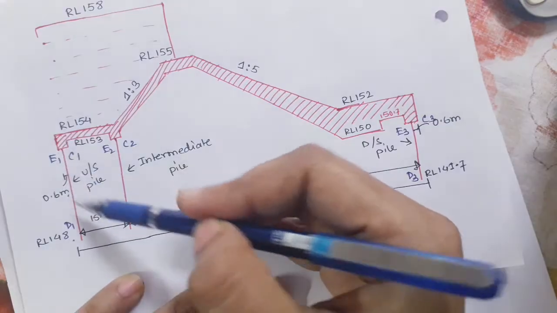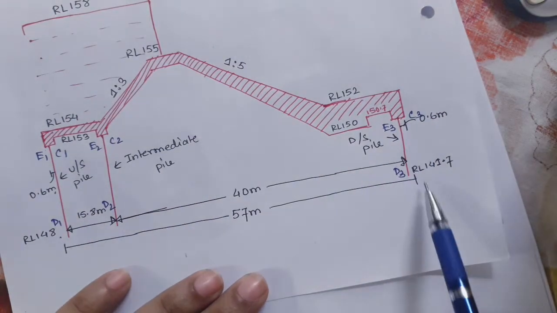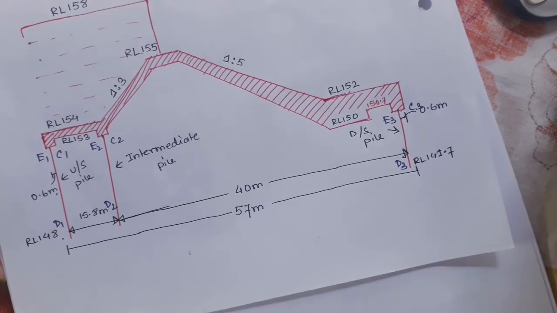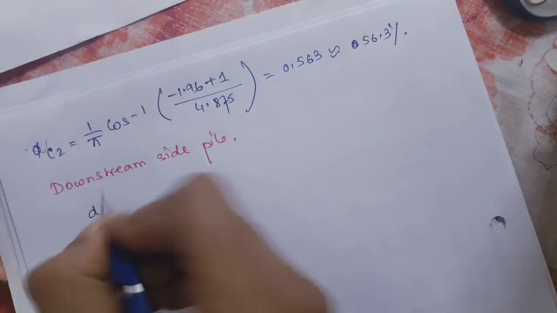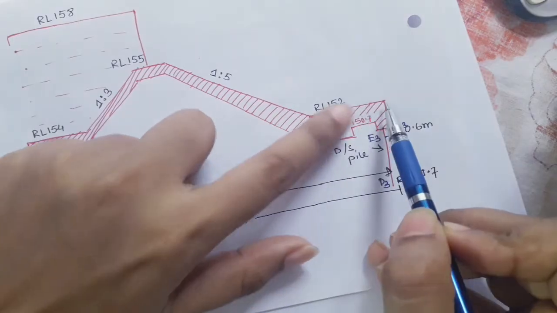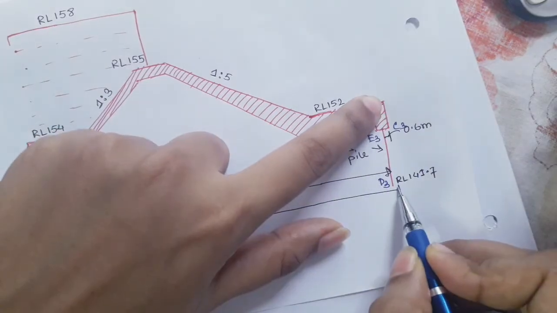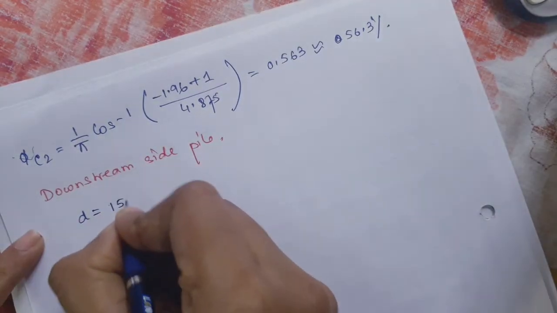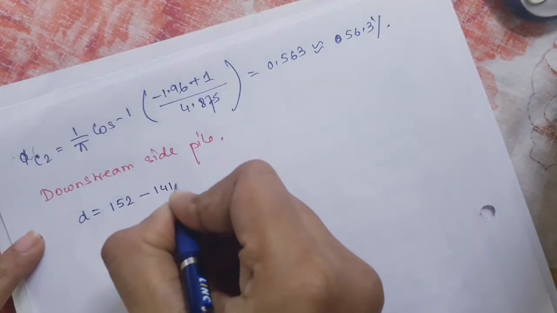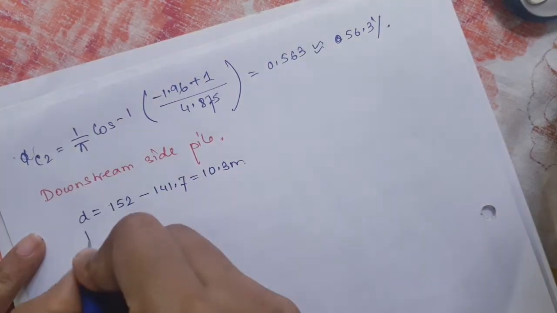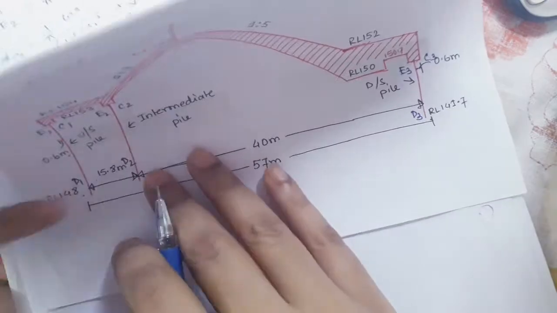So for the downstream side pile the D is different, and we have to calculate the D separately. So this is our RL 152, from this height to this height. This is our D, which is 152 minus 141.7, so this is 10.3 meter.